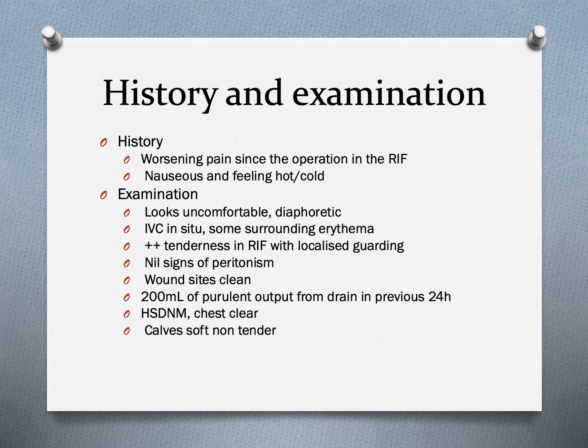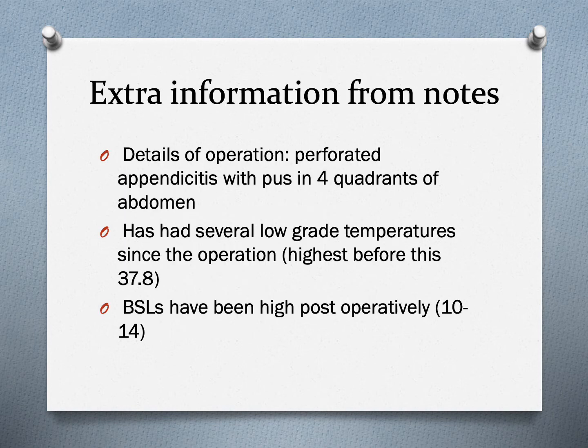He's complaining of a lot of tenderness in the right iliac fossa, and he has localized guarding. He has no signs of peritonism. His wounds look clear. He's got 200 mils of purulent output coming from the drain in his right abdomen, and that's the recorded amount in the last 24 hours. His heart and chest both sound normal, and his calves are soft and non-tender.